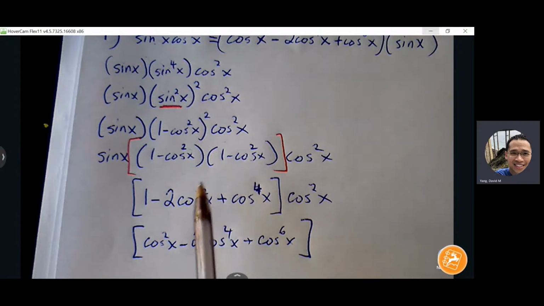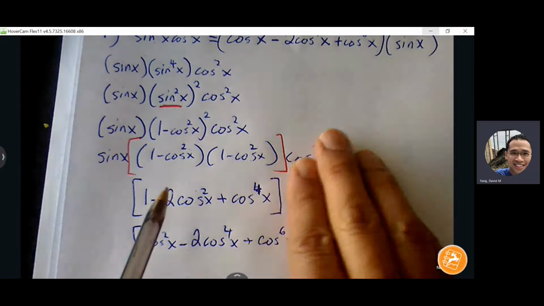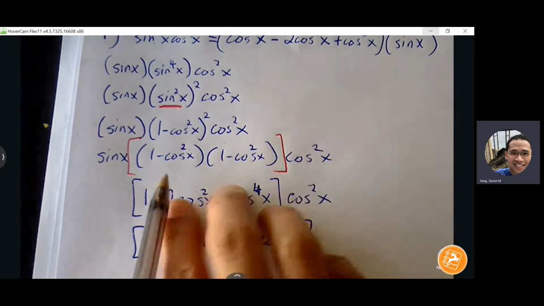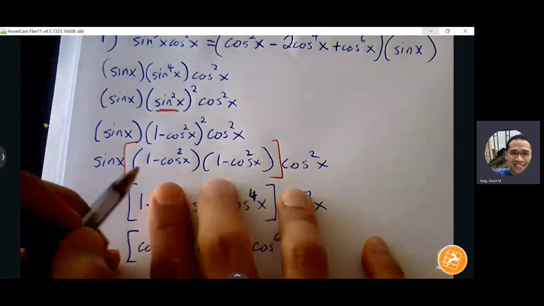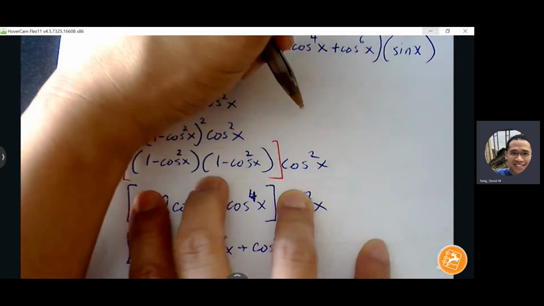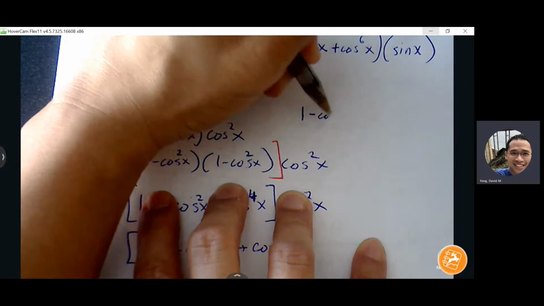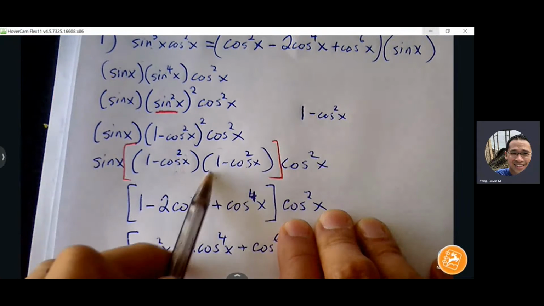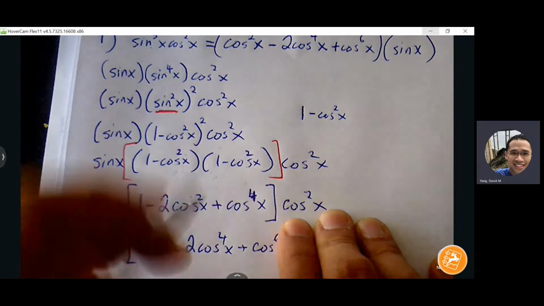Are you talking about getting from here to here? Yeah. Okay, so let me write out all the steps here. So if I distribute the 1 through, I get 1 minus cosine squared x, and distribute the cosine squared x, so minus cosine squared x plus cosine to the 4th x.